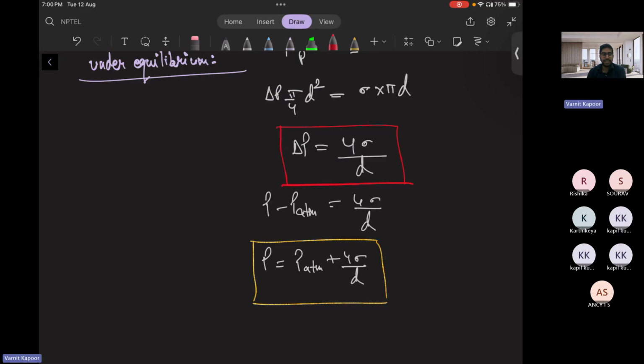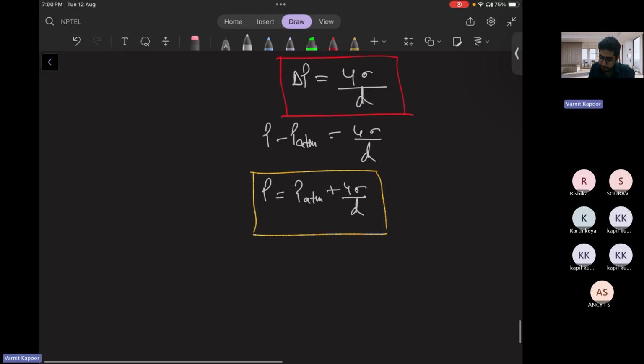If it is said that P atmosphere is 0, there is vacuum outside, there is no atmospheric pressure. Only there is a balance of the inside pressure of the bubble with the surface tension force. So if P atmosphere is 0, this implies the pressure inside the bubble will only be 4 sigma by d.